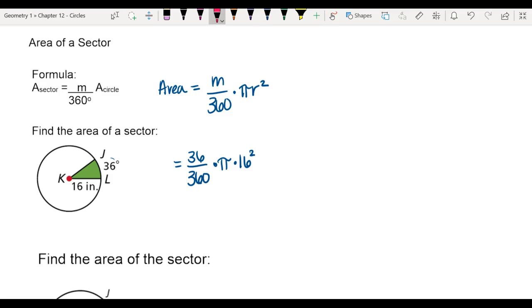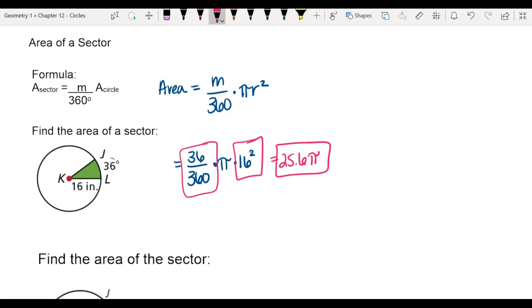Like I said, you're going to take those number pieces and multiply them together. 36 divided by 360 times 16 squared is 25.6 pi. Okay.